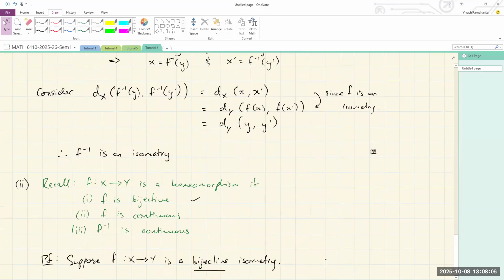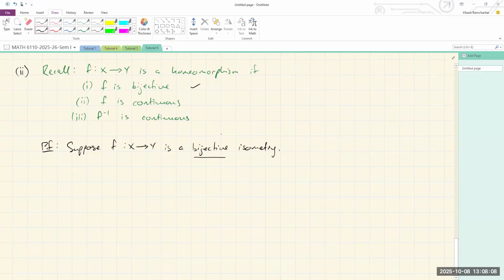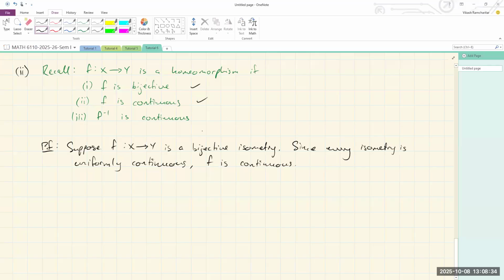So we already proved that. Since every isometry is uniformly continuous, that's what we proved, f is continuous. Condition two, check.